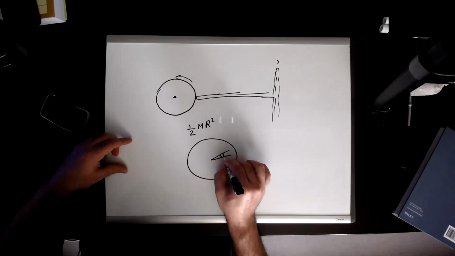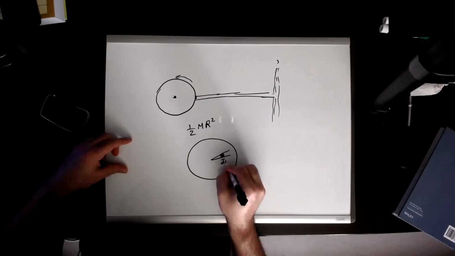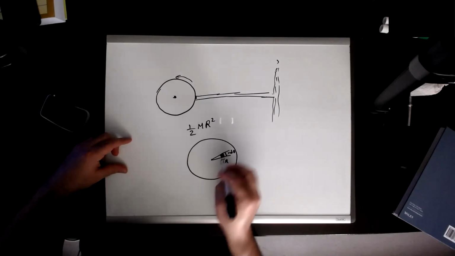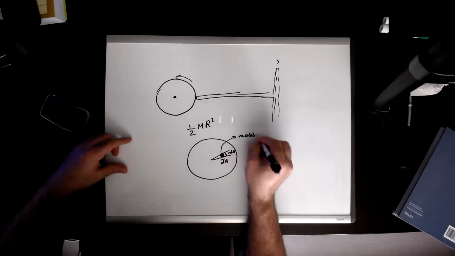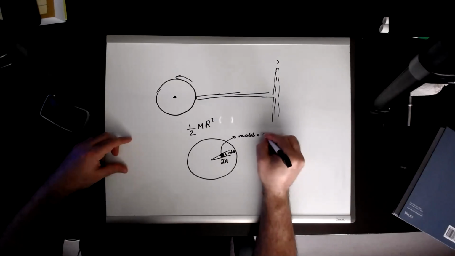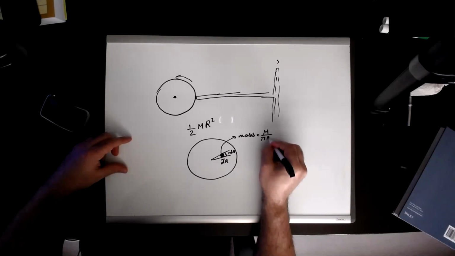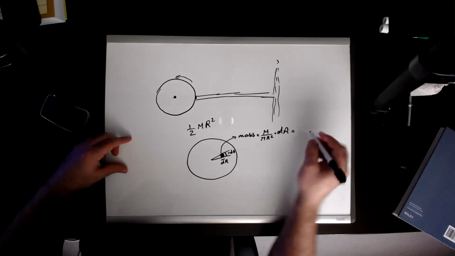I mean, it would be this, right? The elements of area, it would be this. This would be dr. This would be r d theta. So the mass of this would be the whole mass, which is m, divided by the area, which is pi r squared, times the area dA.